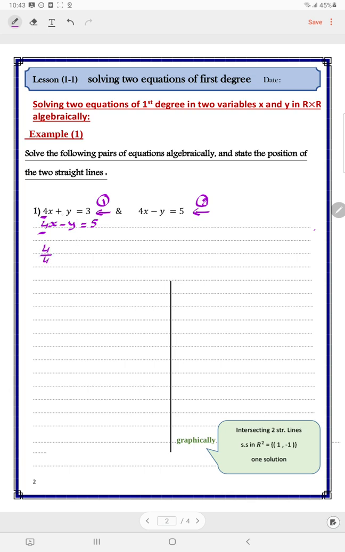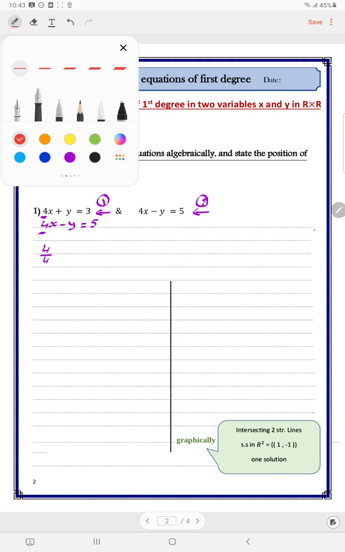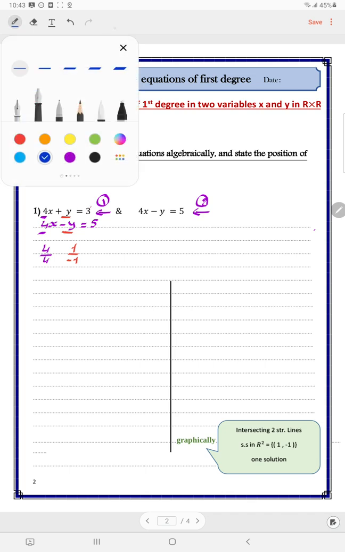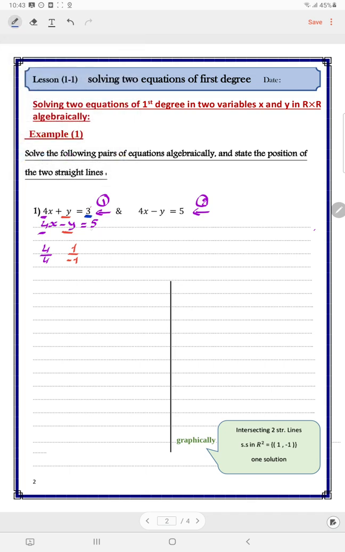And also the coefficient of y over the coefficient of y in the second equation, so I will write 1 over negative 1 here. Now I will write the ratio between c and c, which are 3 and 5, so 3 over 5.